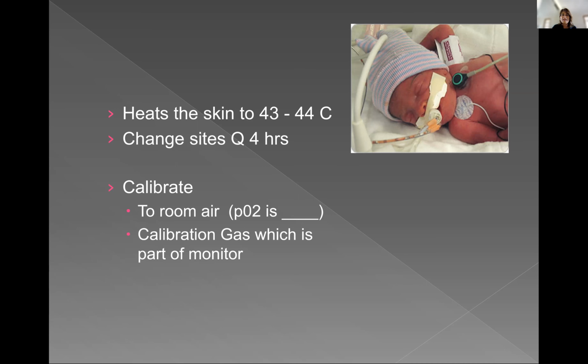The answer is it's reading room air. Probably the electrode became unstuck from the chest and it's now reading room air. Okay, so we'll move on. You also use a calibration gas as part of the monitor for calibrating the CO2.